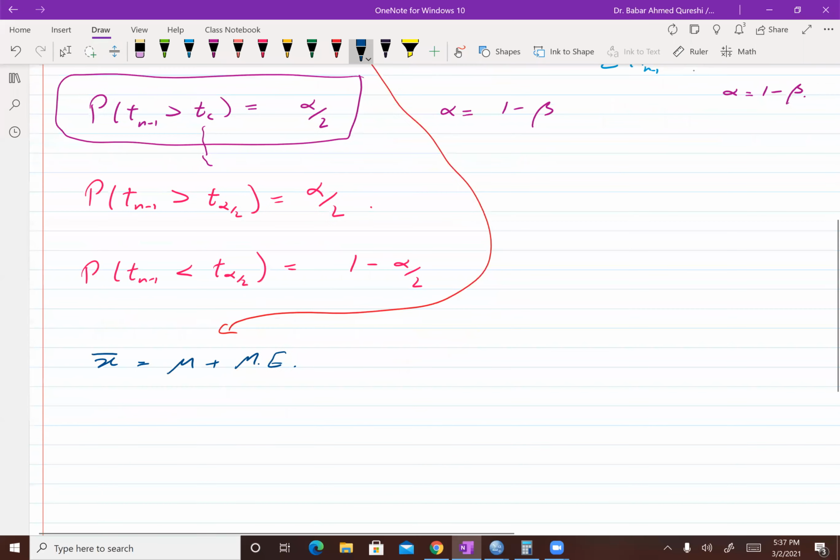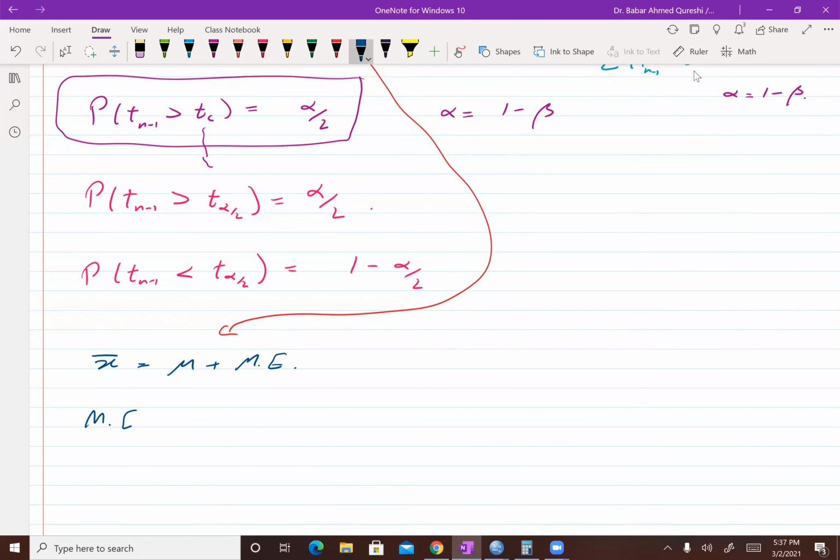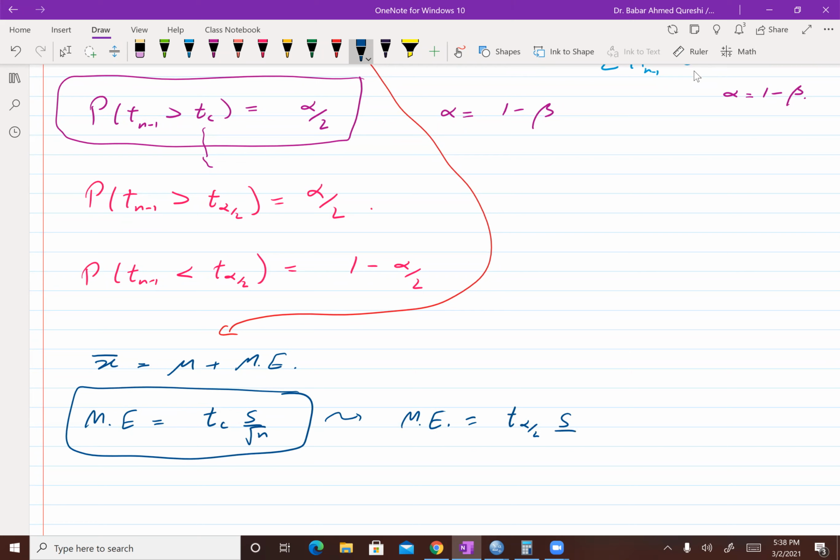Then from this equation you get that the margin of error is this T critical times this, which would simply be s over root 10.